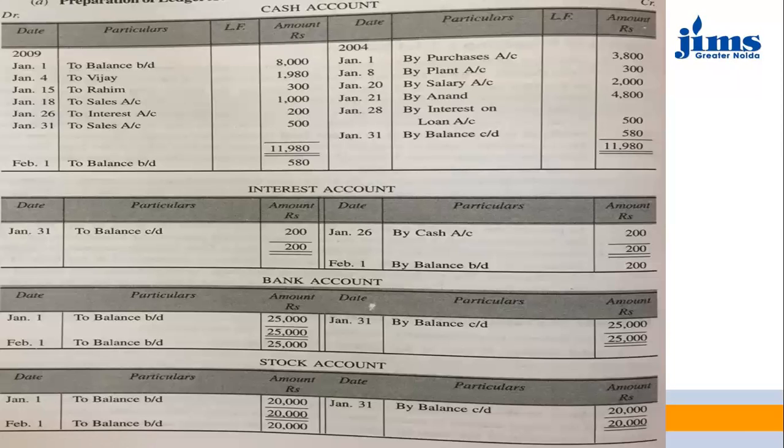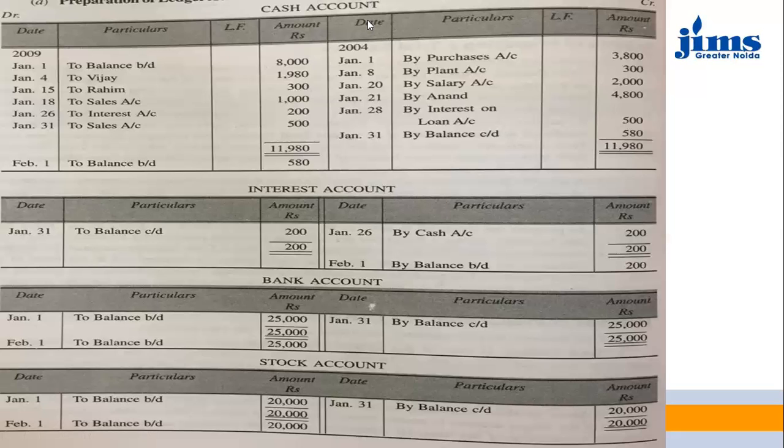So on the debit side you have 11,980 total, and on the credit side you have 11,400 total. Now, the credit side is less by 580 rupees. So what you have to do is make the totals of both the sides equal.